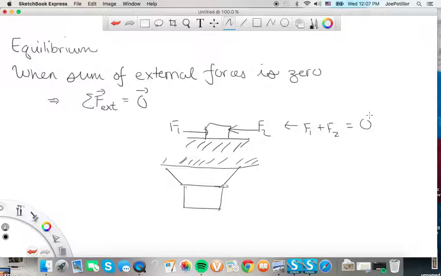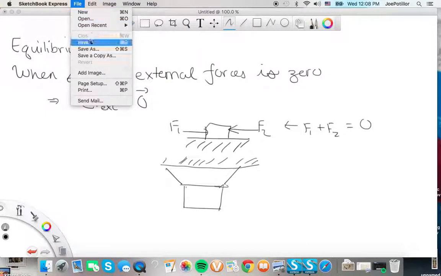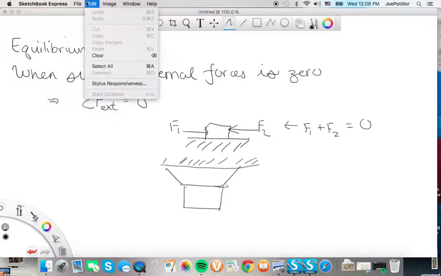In the second situation, we have to have also the torques be 0. This is a situation which we define to be static equilibrium. So please write down this definition in your notes.